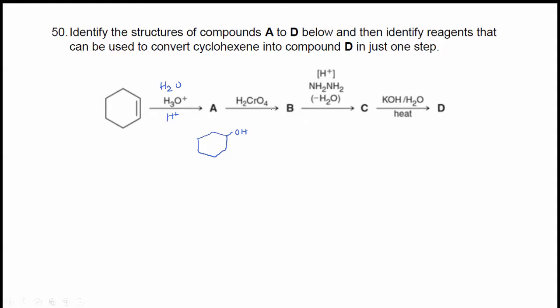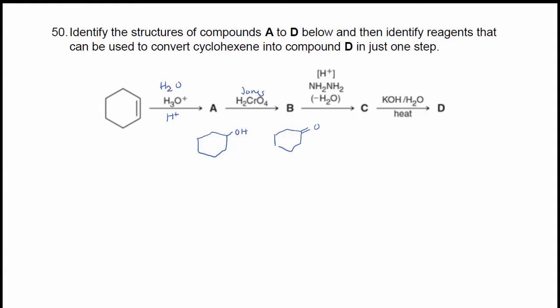Chromic acid is the equivalent of the Jones reagent, which will oxidize to C double bond O.